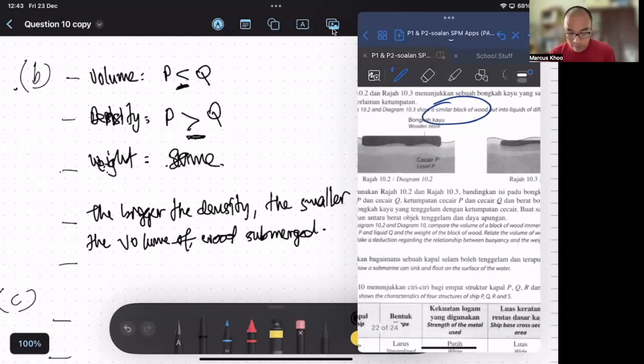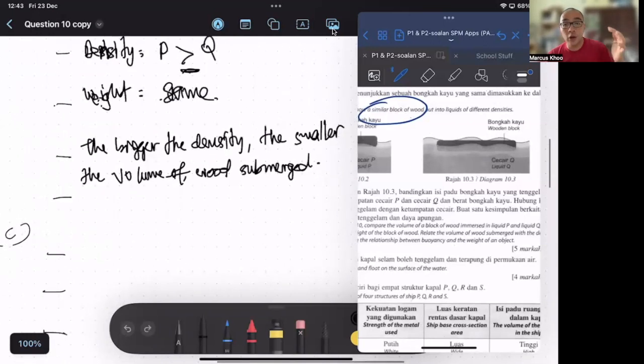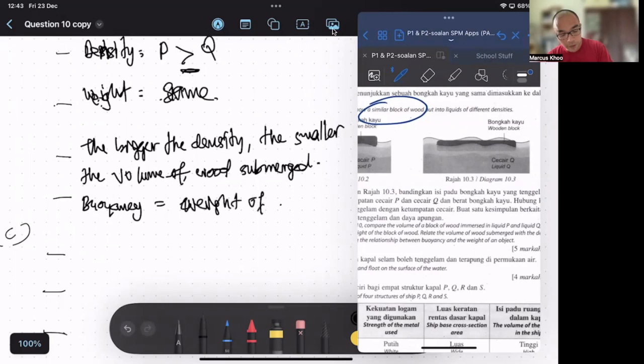Okay, lastly, make a deduction regarding the relationship between buoyancy and the weight of an object. Now this one is Archimedes principle. When an object is floating, like in our case over here, the buoyancy is equal to the weight of an object that is floating.